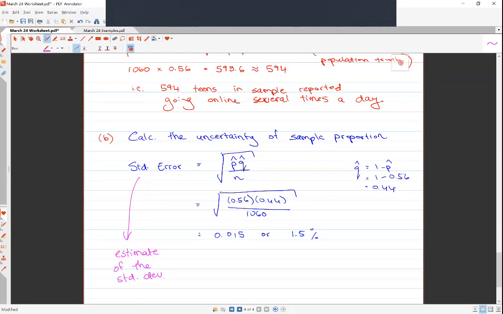We're pretty sure the true value would be somewhere between 56% minus 2 standard errors, which is 53%, or 56% plus 2 standard errors, which is 59%. So we don't know exactly what the population value is, but we reasonably expect it's somewhere in this range. This is a plausible range for the population proportion.